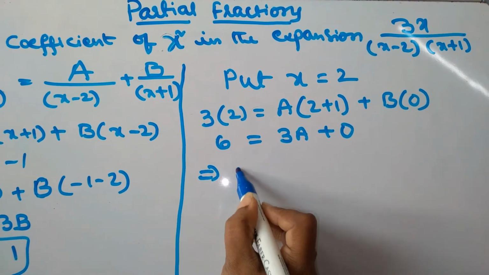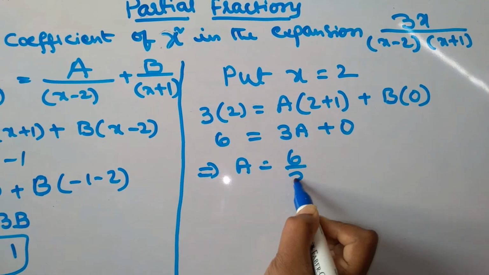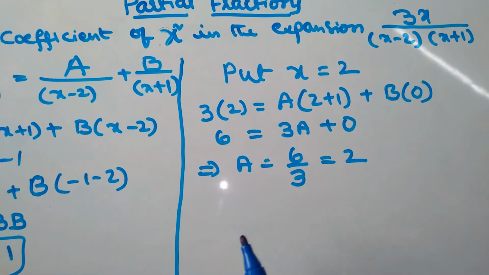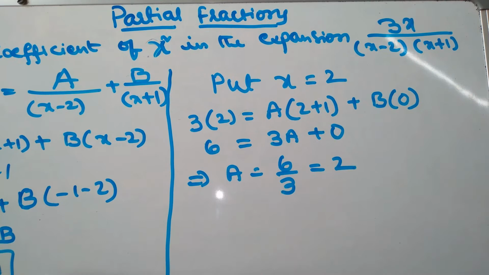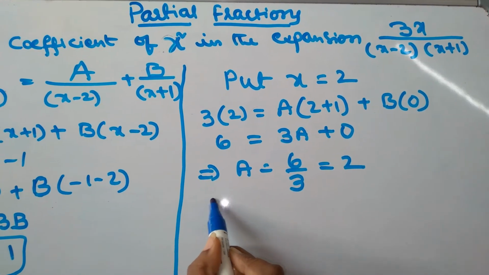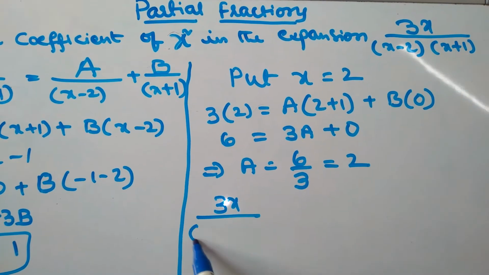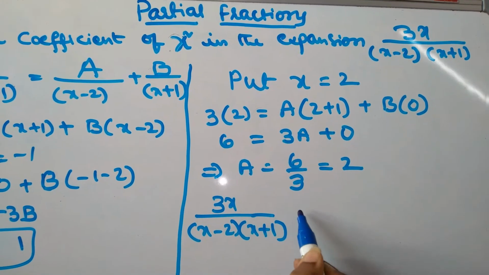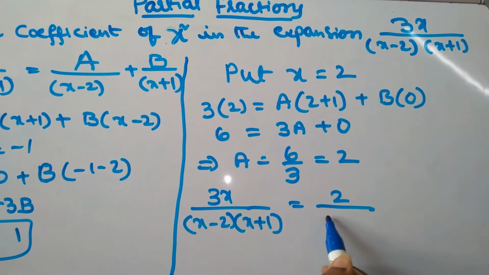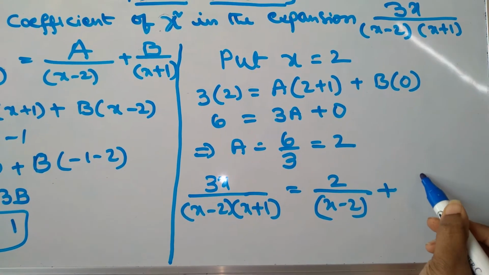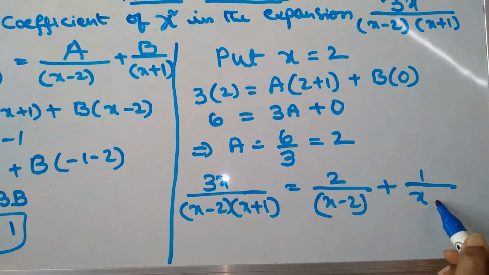That implies a is equal to 6 by 3, that is equal to 2. So we got both the values for a and b. Now the partial fraction becomes 3x by (x minus 2) into (x plus 1) is equal to 2 by (x minus 2) plus 1 by (x plus 1).